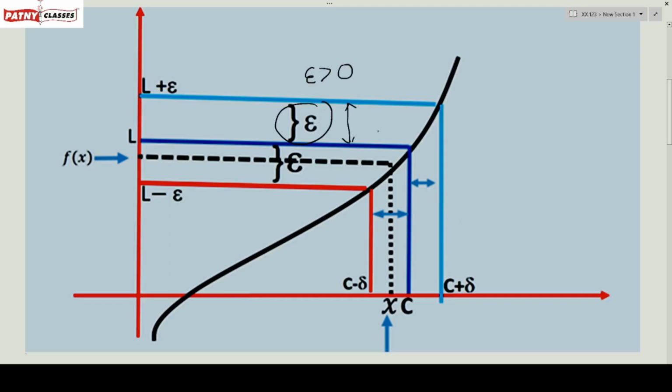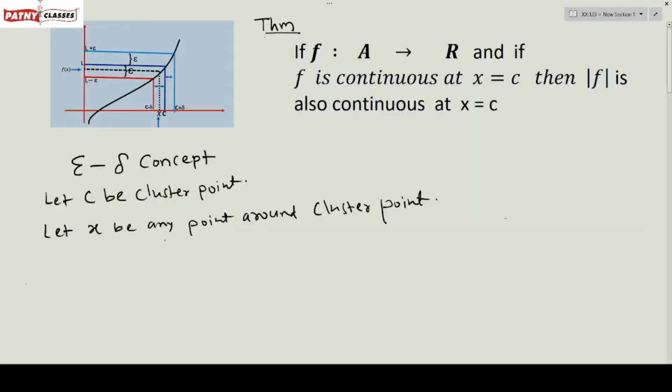When epsilon is greater than 0, then the corresponding value of delta, this is delta. Delta is again the distance between two lines, so delta is also greater than 0. Thus, we have epsilon and we have delta, and f is continuous at x equals c.